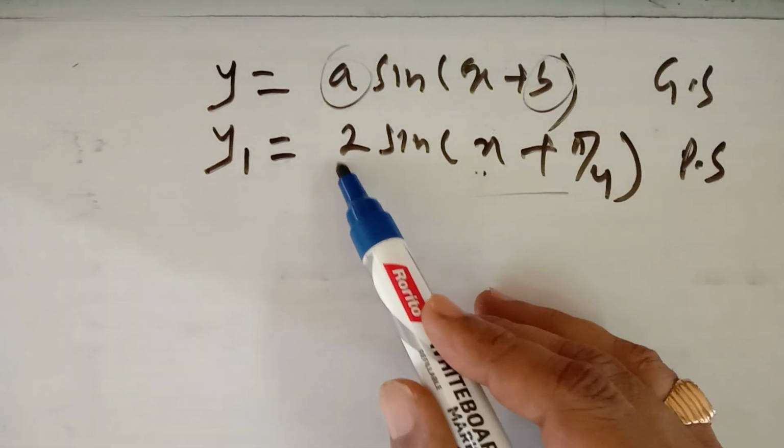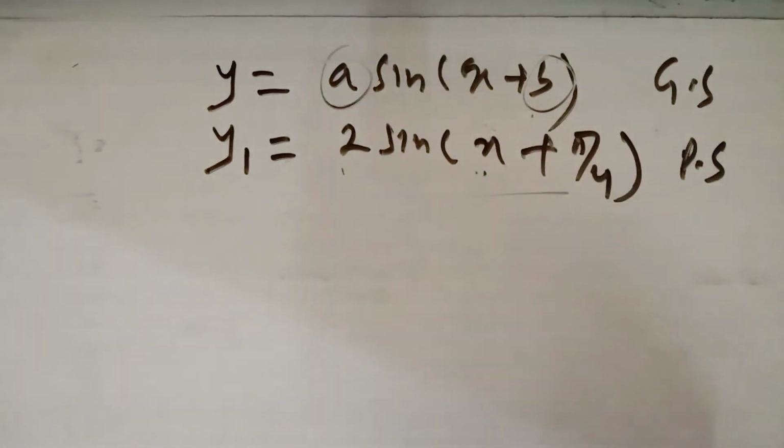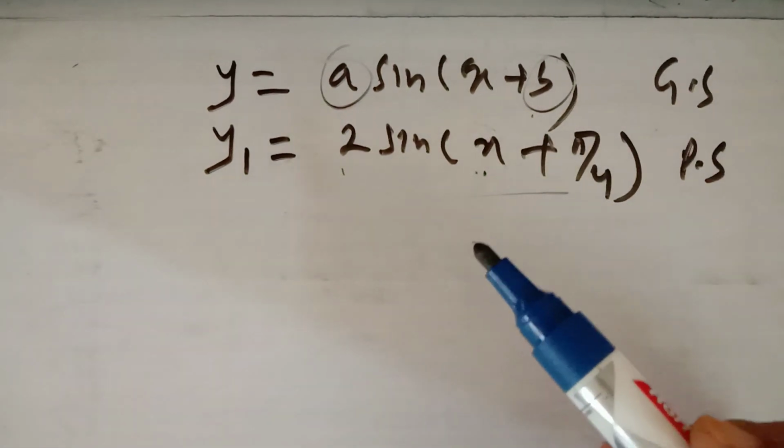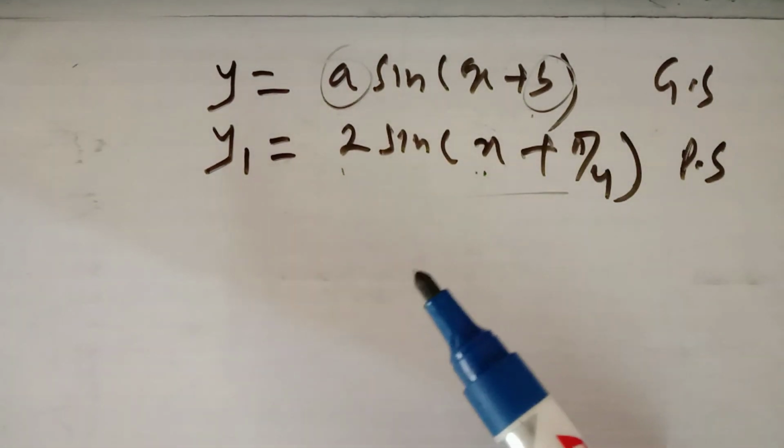This is the angle, and 2 and pi by 4 have been put in place of a and b. So it has become the particular solution of the differential equation.